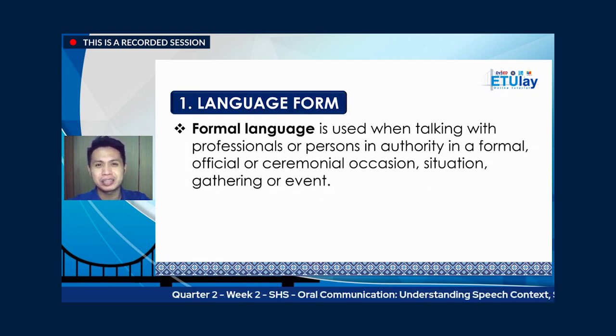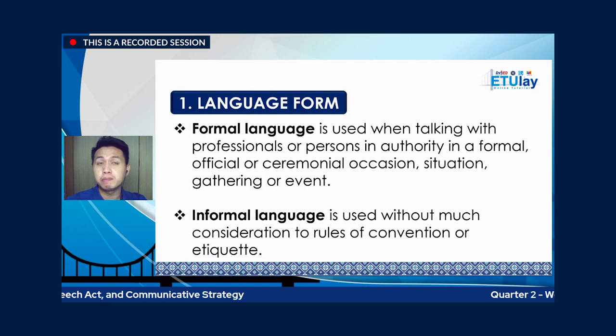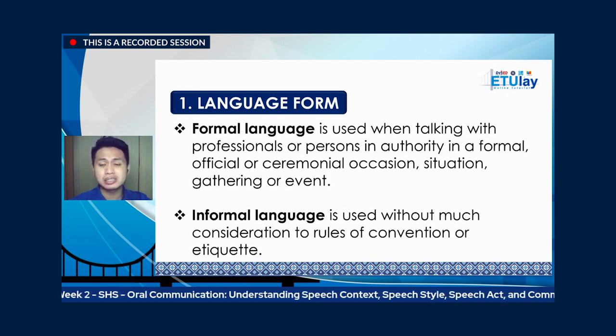Talking with a lawyer, a doctor, or even with your teacher often creates a formal ambience in communication. On the other hand, informal language is used without much consideration to rules of convention or etiquette. It is casual and mostly not well thought of or prepared because it is used to communicate with people with whom you have close association, like parents, siblings, and friends.